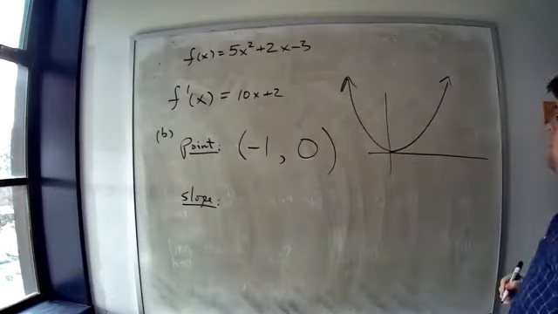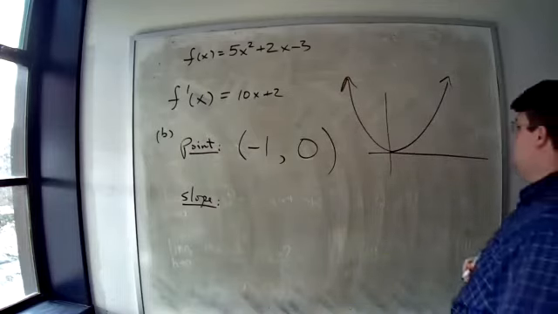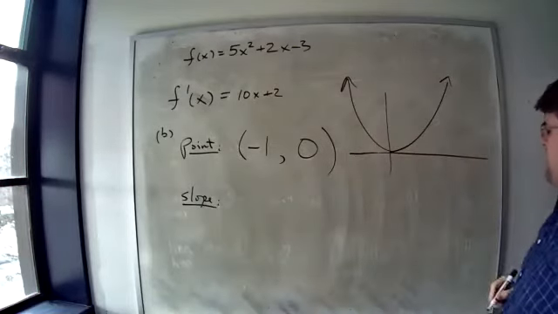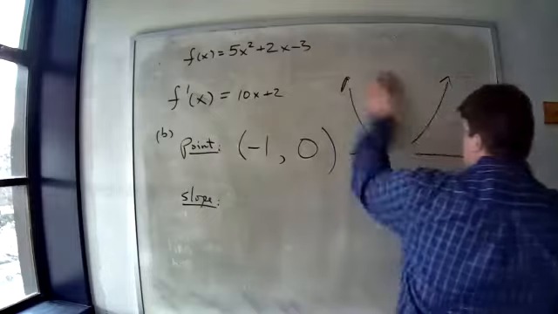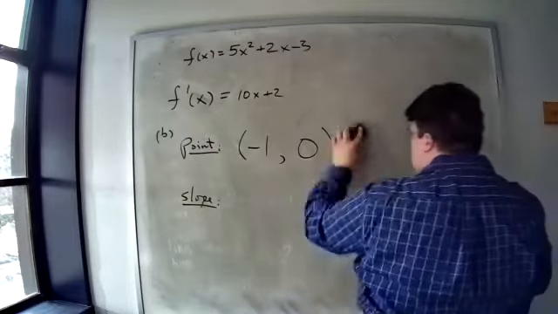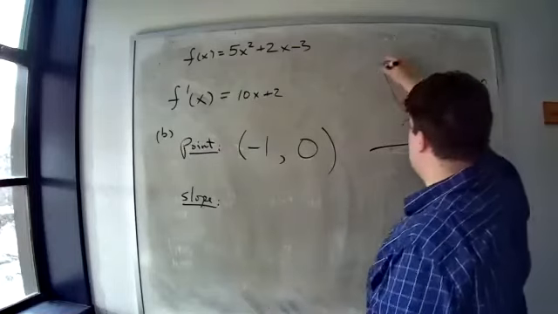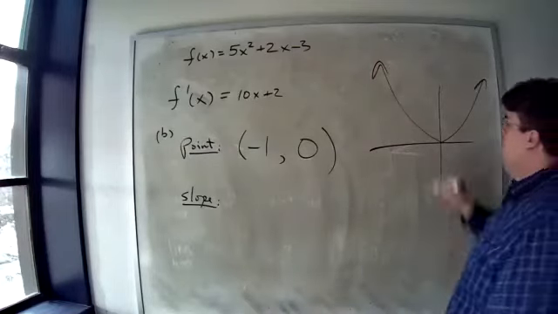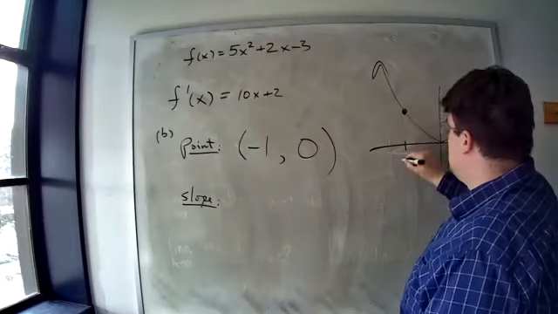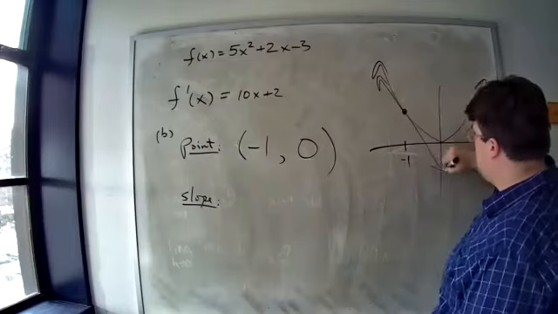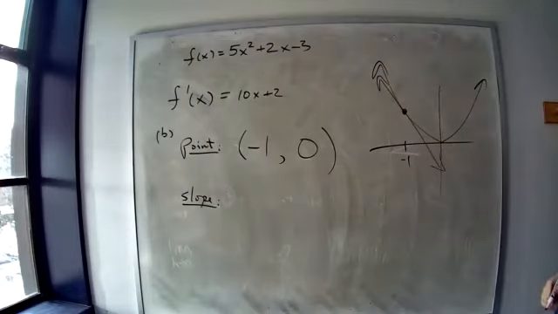That's very inaccurate, but I should draw it so that -1 is more magnified than the first quadrant. This function, it's some sort of parabola. What we're looking for, here's -1, is the equation for that tangent line.